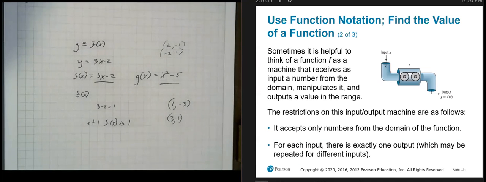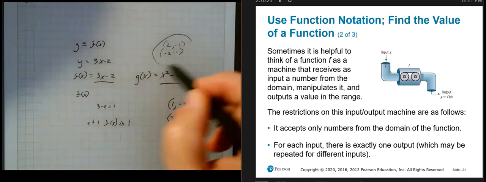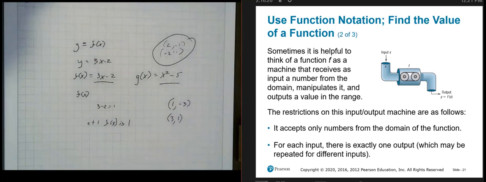Okay. For each input, there's exactly one output, which may be repeated for different inputs. And that's what I was talking about up here with the 2 and -2. So this is true of all functions.